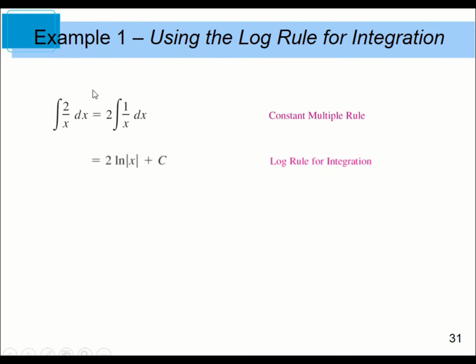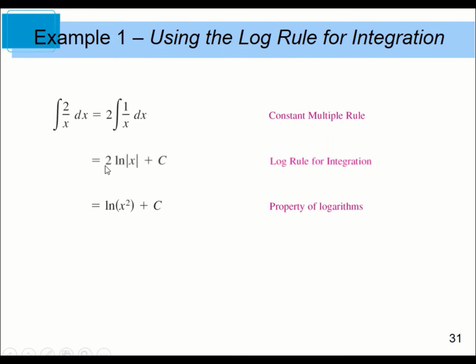However, for this x, it can be positive, it can be negative. So in order for this integration to be valid, we put the absolute of x, so that in case we have a negative value of x, we change it to a positive value, and then ln of this value is valid.